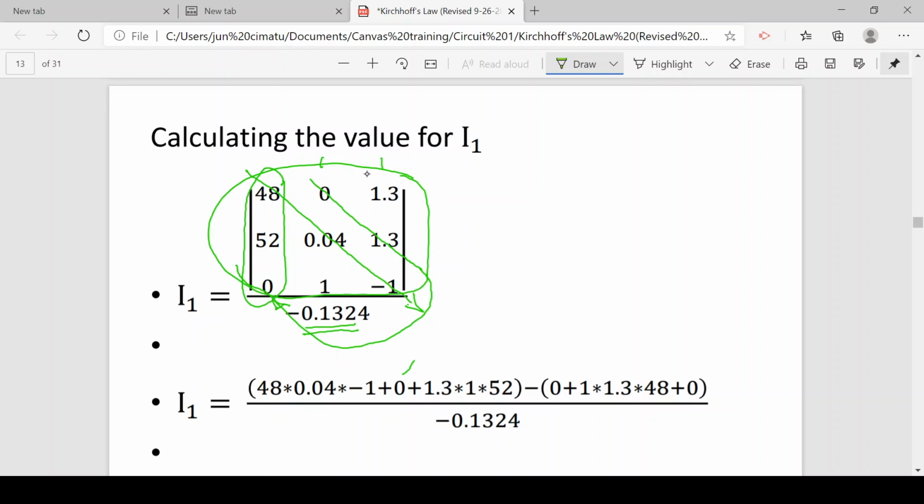And then the last element in the upper triangular will be two elements in the lower triangular matrix. And that will give you 1.3 times 1 times 52. So this completes the going downward, which are all added and now to be subtracted with all the values going upward.